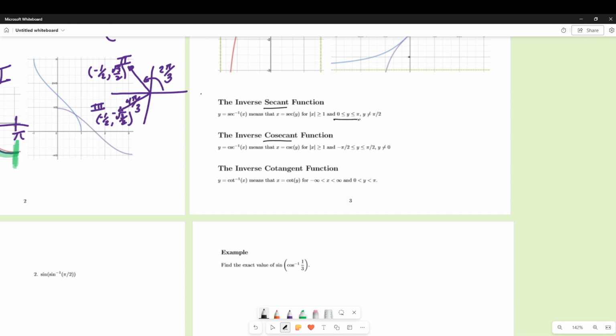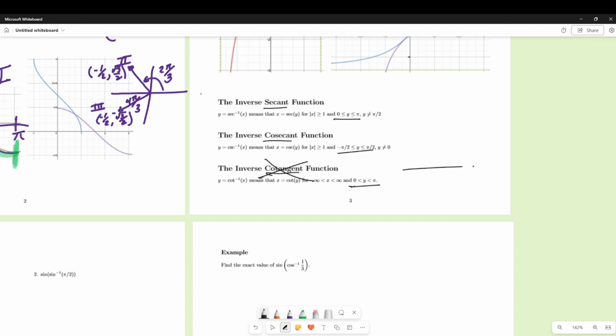Secant's cosine, so from 0 to pi. Cosecant goes from negative pi over 2 to pi over 2. It is true that cotangent shifts over to 0 to pi again, but I don't think I've ever used cotangent inverse in 30 years.